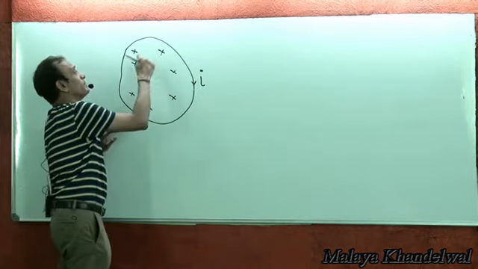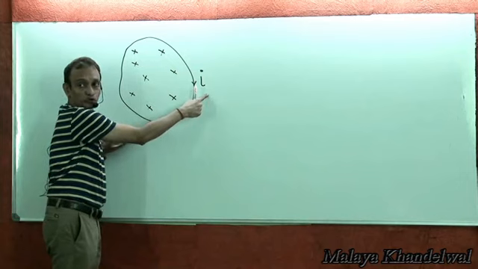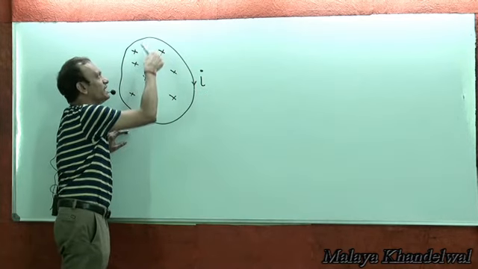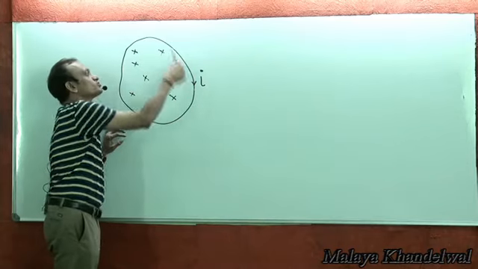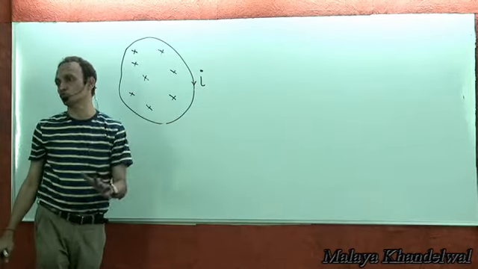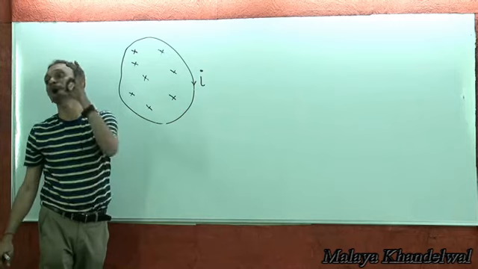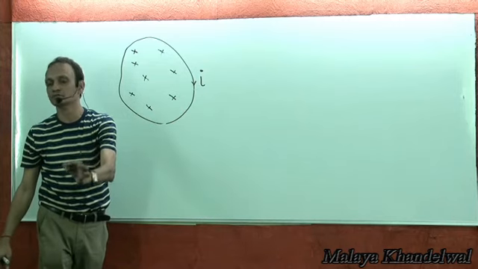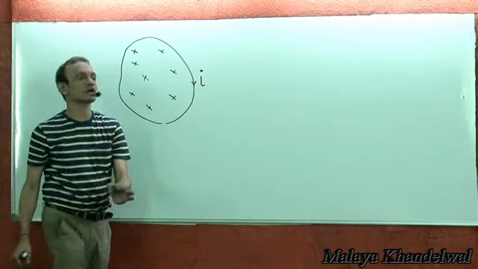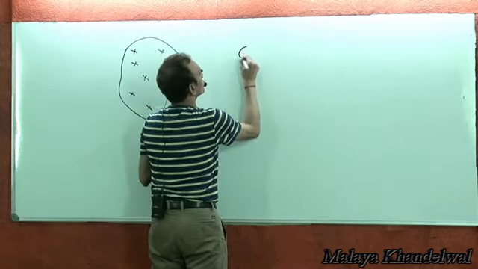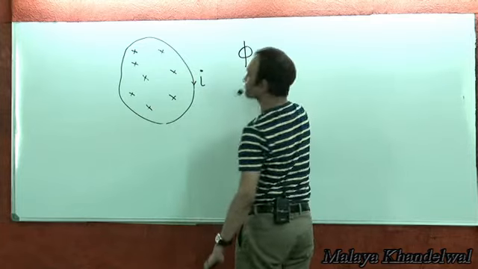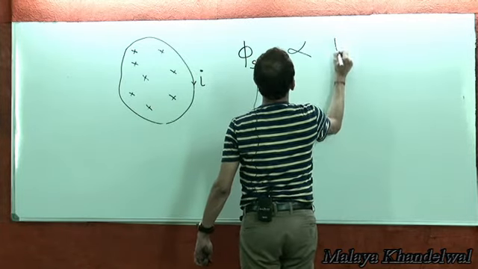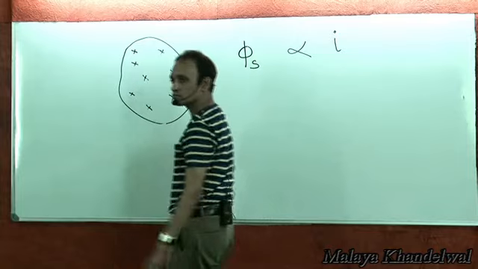So the flux in any given small area selected would be proportional to I. So the total flux through this, because of its own current, self current, will be proportional to I.